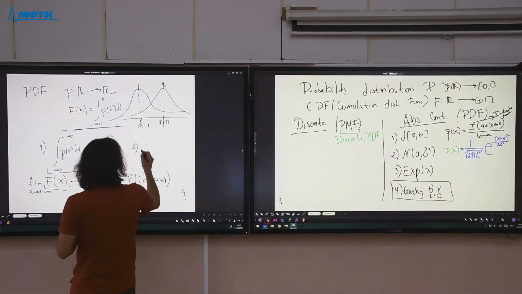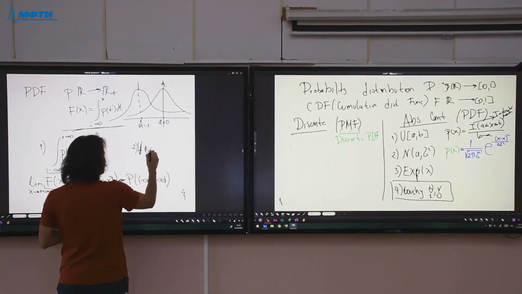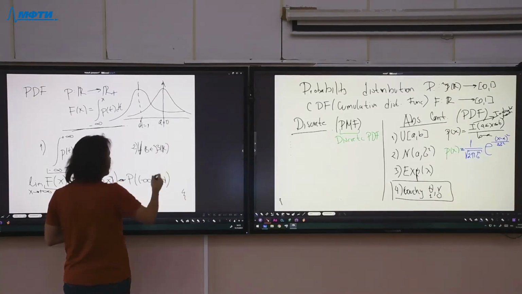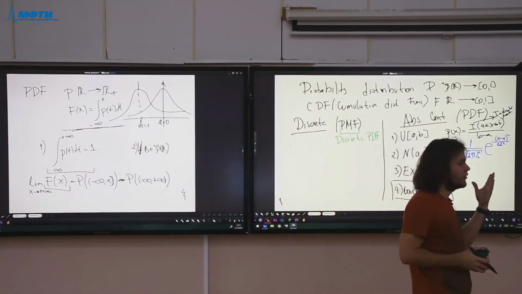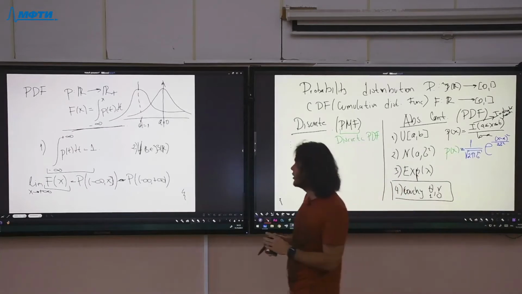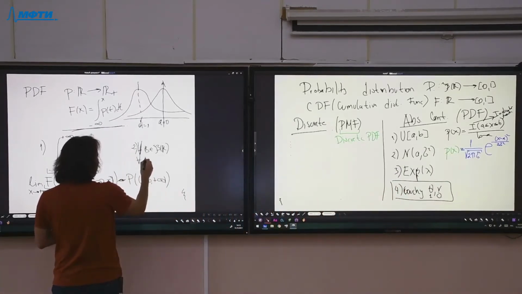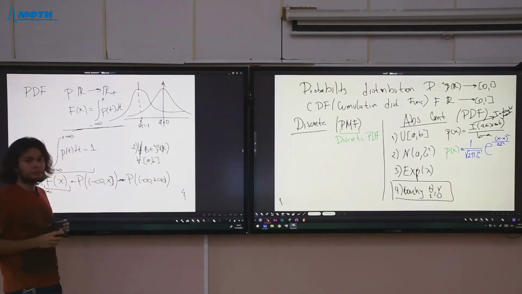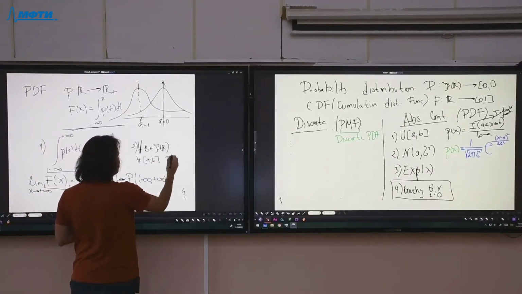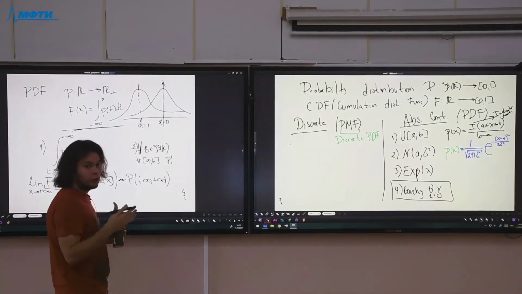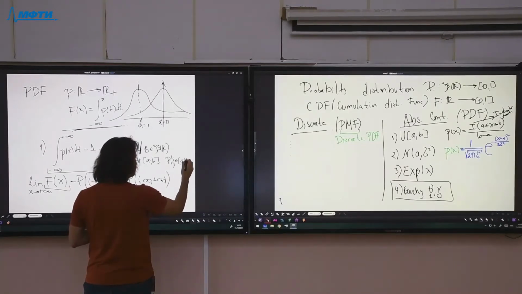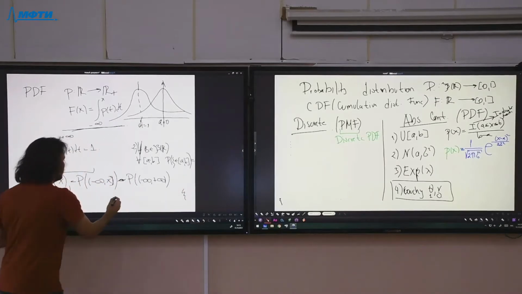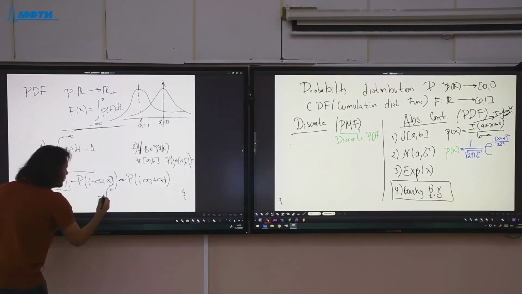In this case, we have that for any Borel set, well, we can just take some interval from A to B. The probability that, let's use now random variables because I already defined what the random variable is, that xi belongs to A and B is going to be equal to the integral from A to B of the density, right?